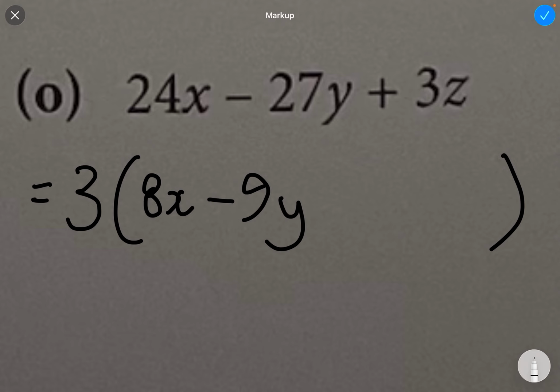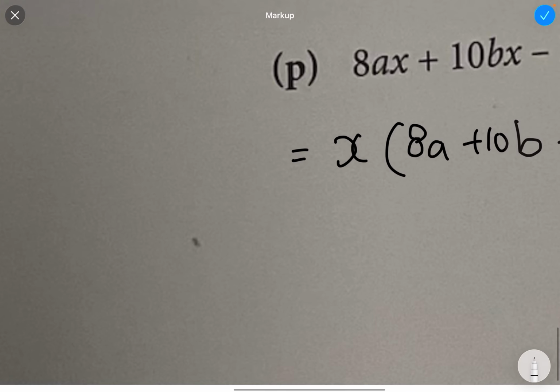Plus 3z divided by 3, so left with 1z. Answer. Can? Okay? Answer. Following so far? You were not here yesterday, but I think all these should be able to follow.